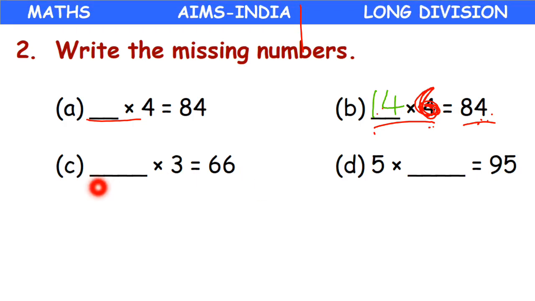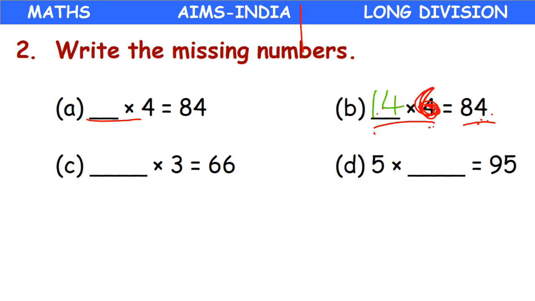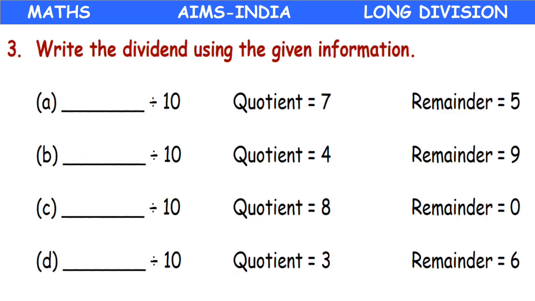Yes children. So I hope you can do questions C and D, right? Yes or no? Yes. Now moving on to write the dividend using the information given below. So what are we having here? Normally the dividend is missing. The divisor, quotient and remainder are given here.